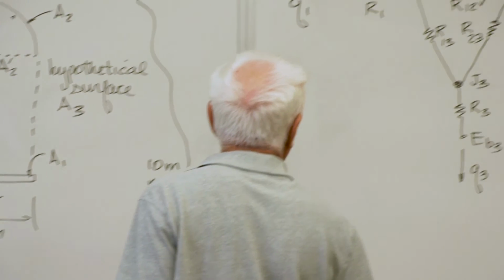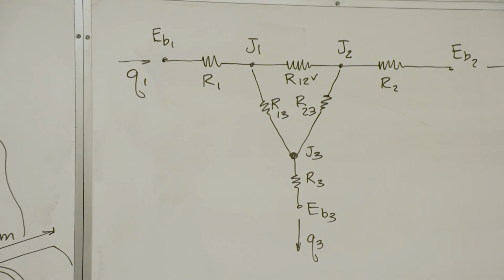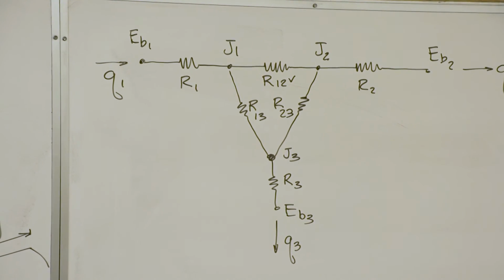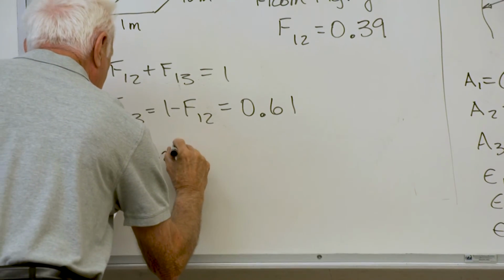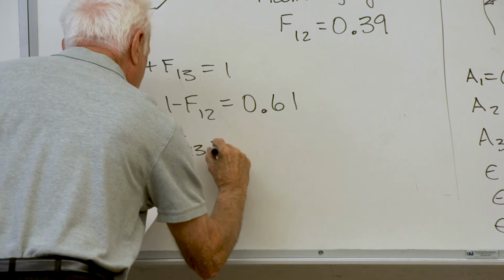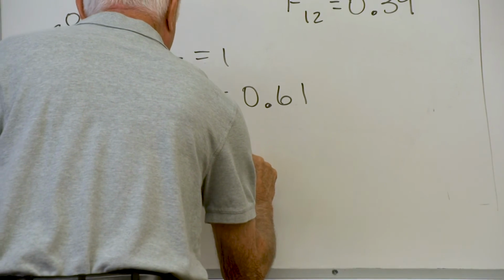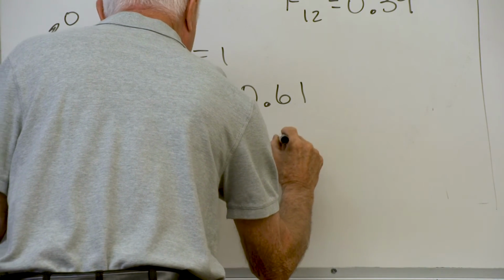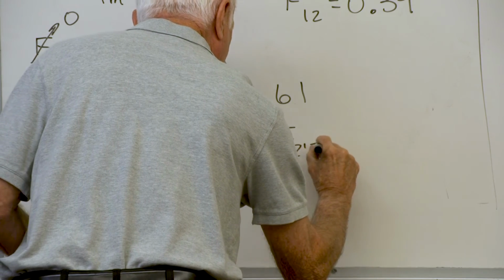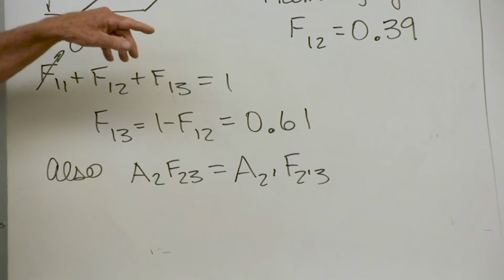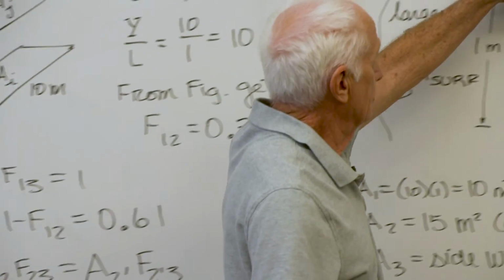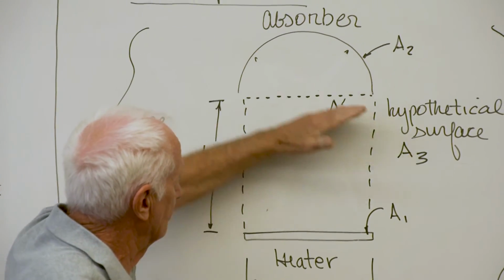Now the hard guy. R23 is 1 over A2 F23. F23 is a fraction going from 2 to 3. 2 is a curved surface, out the sides.